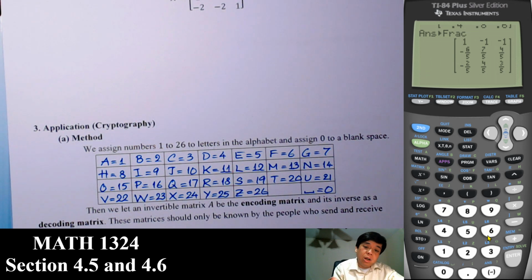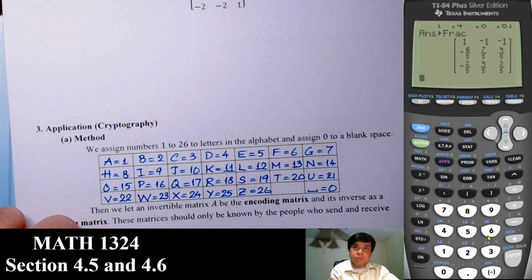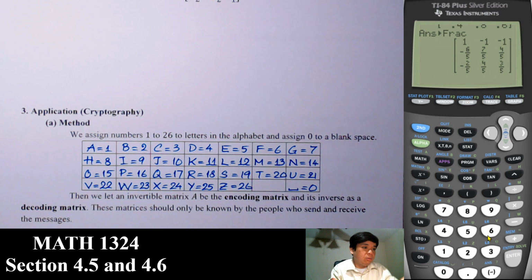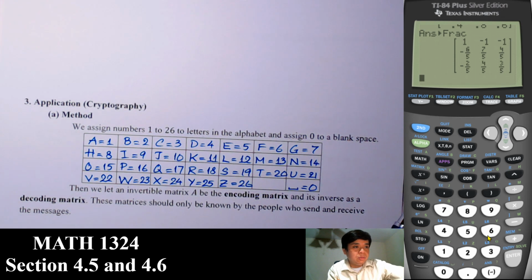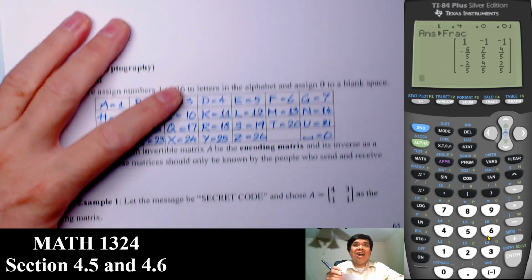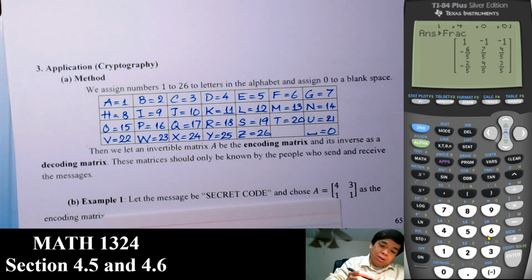So first we have to write secret code as number values. I hate it when we have to flip the page. So we have secret, space, code.